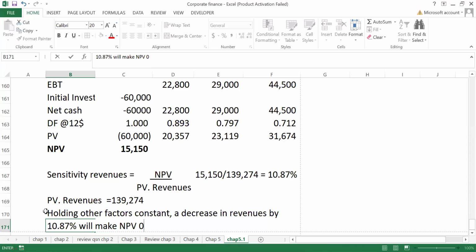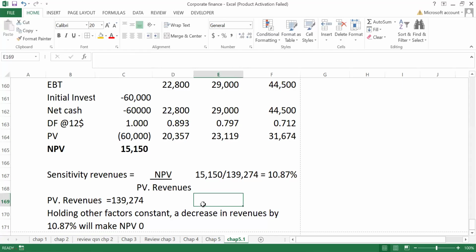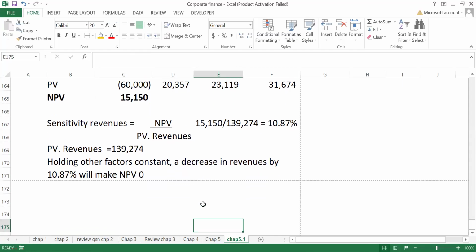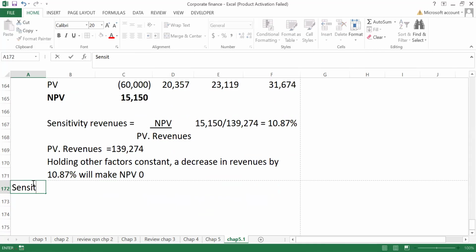Now, for example, if you do the sensitivity of variable costs, it will be NPV divided by the PV of variable costs.